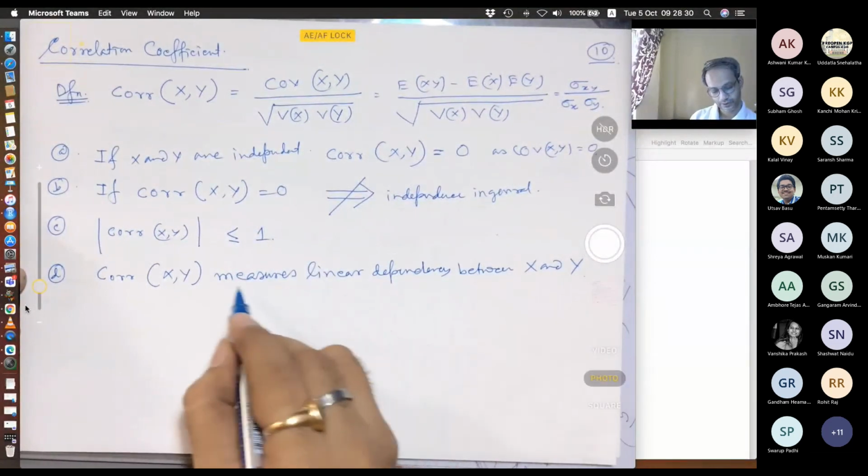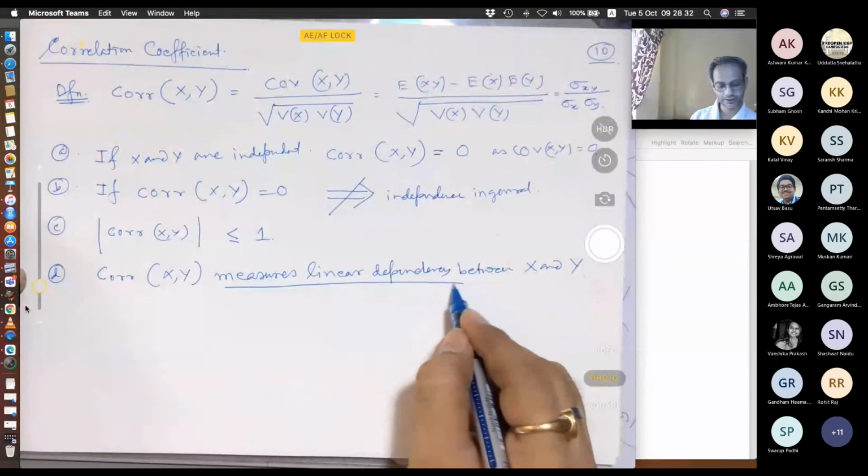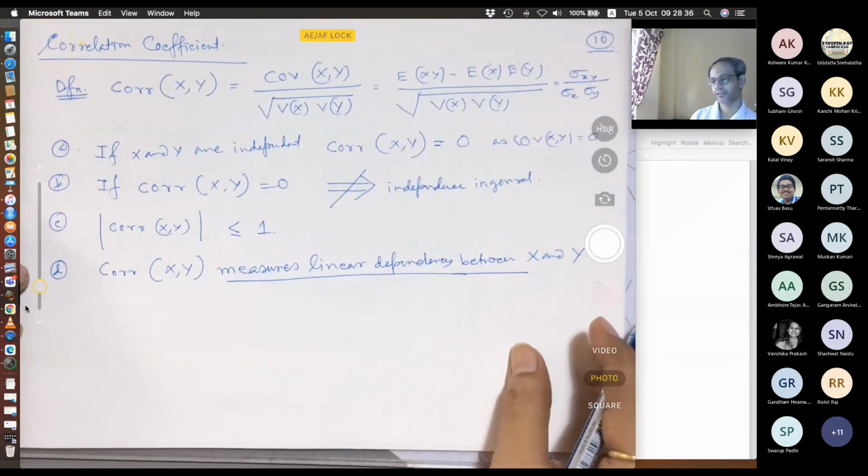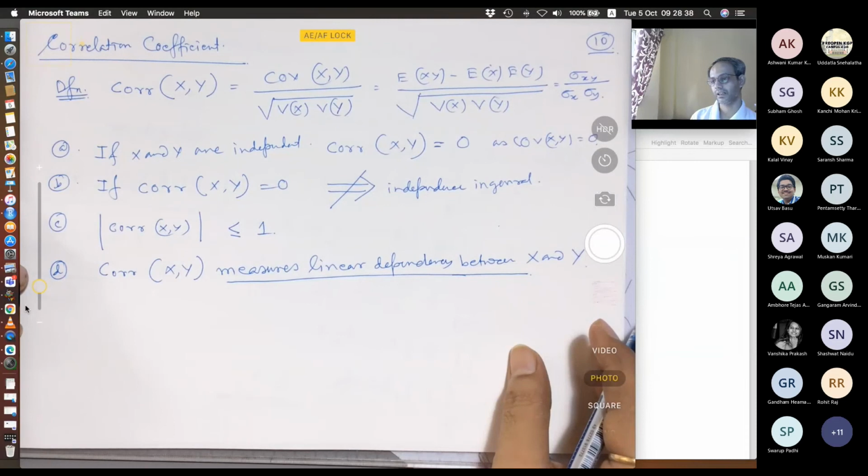So it can measure only linear dependency. If there is some nonlinear dependency, the correlation coefficient cannot measure it.